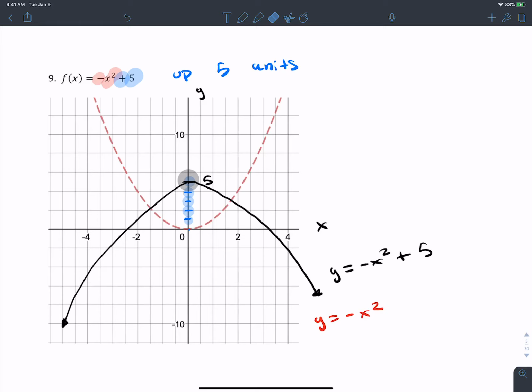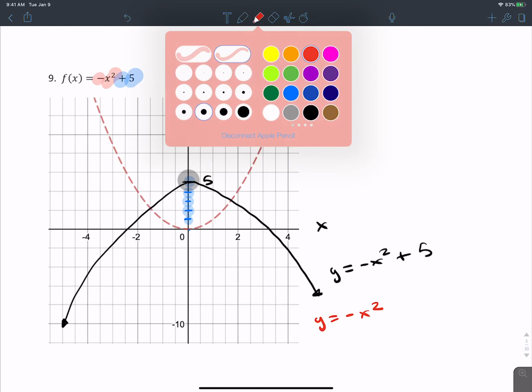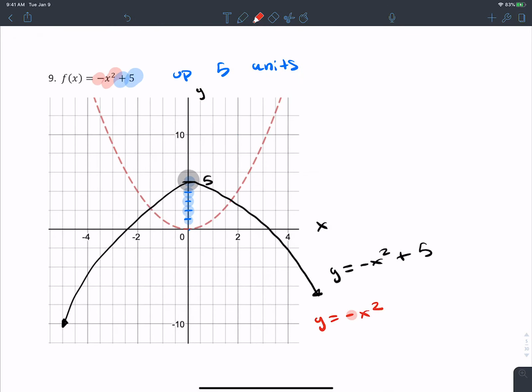And there you go. So this is how we start to sketch these curves here. But again, remember, we do need to remember that anytime you have a negative sign in front, we're going to reflect about the x-axis here.